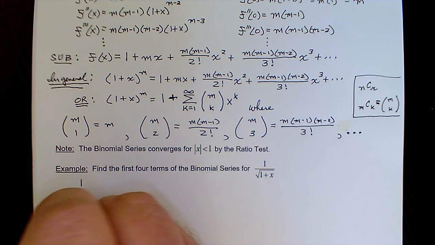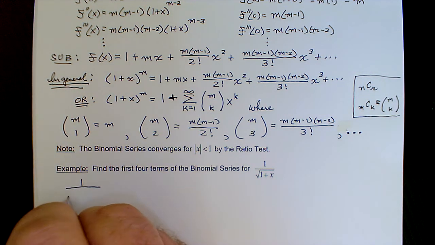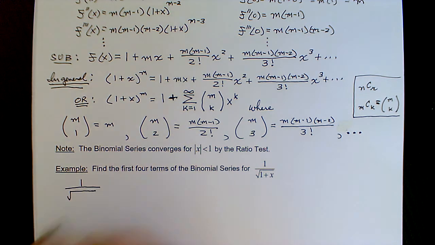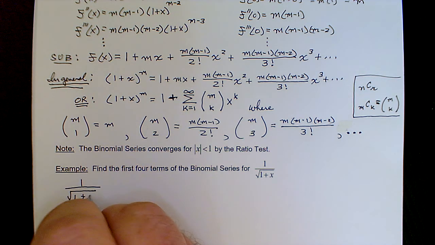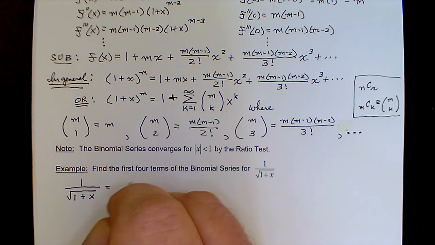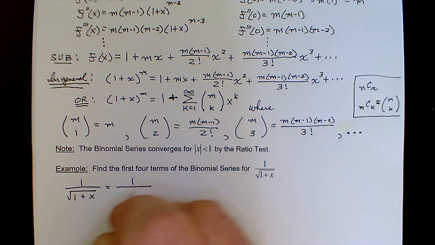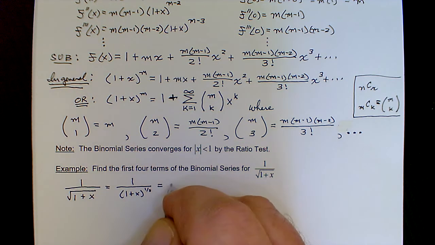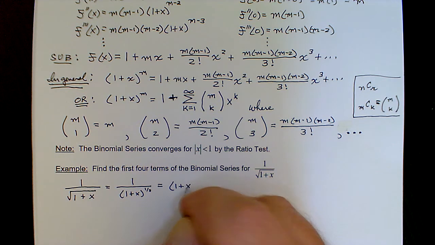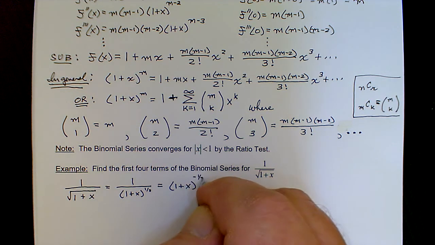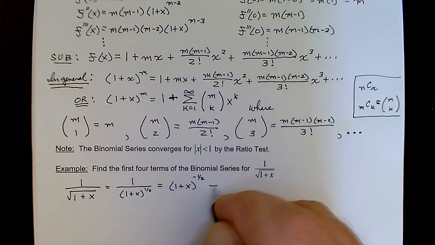And what you're going to have to do is find the value of m. And so it has to be of the form 1 plus x to a power. So if you want to take 2 steps, 1 plus x to the 1/2 in the denominator, and then 1 plus x to the negative 1/2 when we exercise the negative exponent rule.